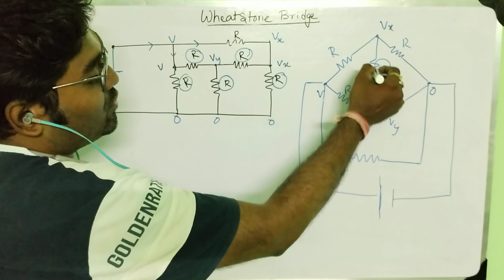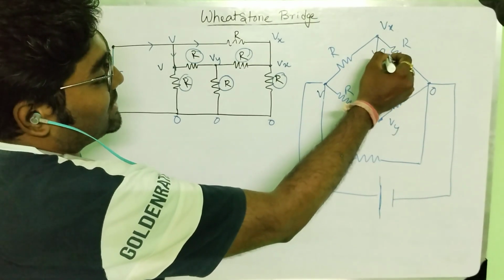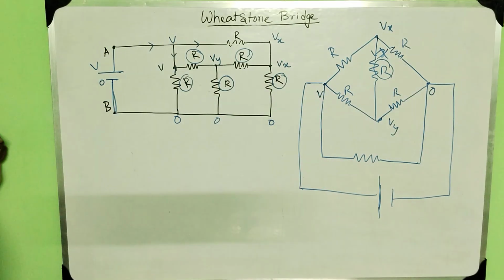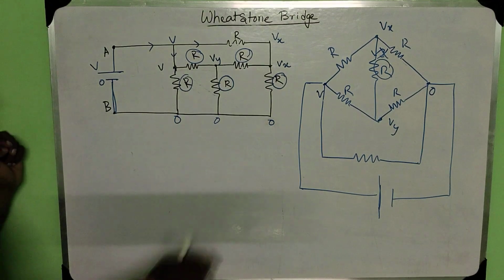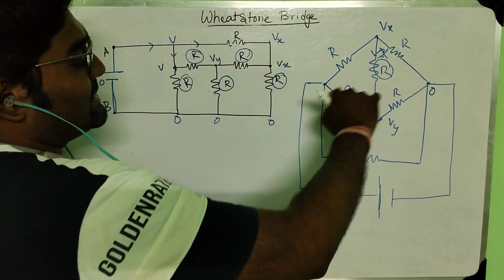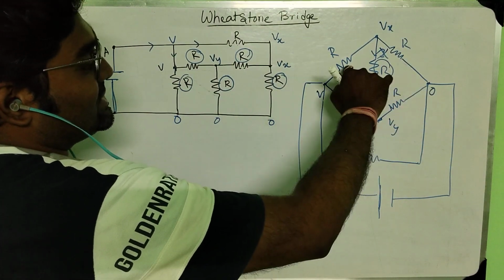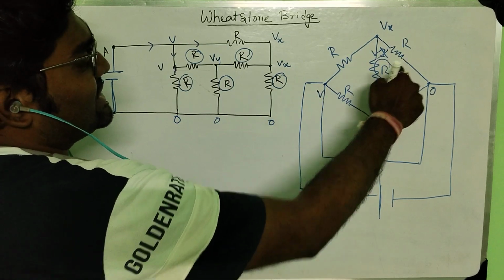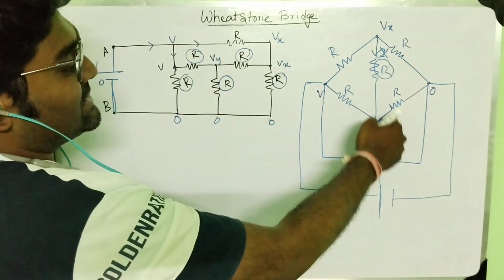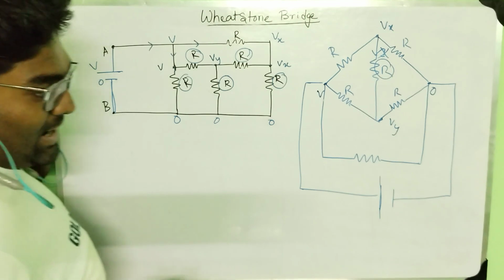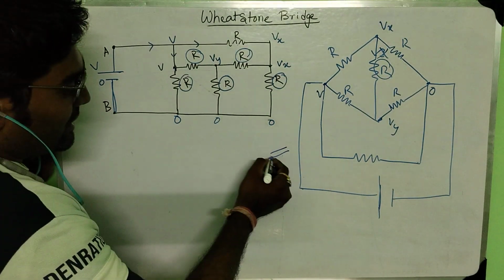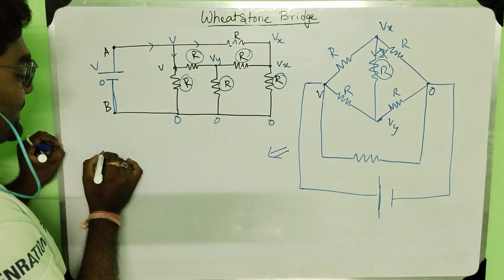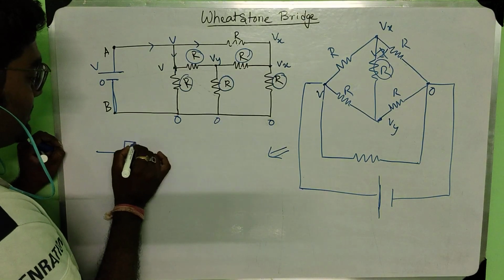So there is no current flowing in this branch. So I can consider these two resistors in series, and these two resistors also in series, and these two branches in parallel. So the equivalent circuit will be like this.